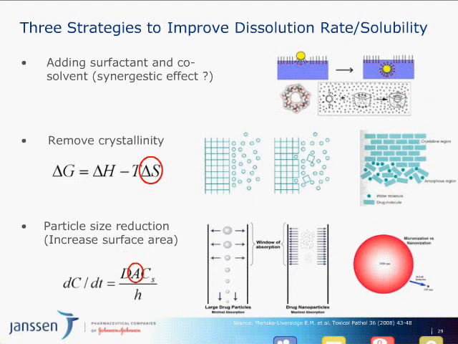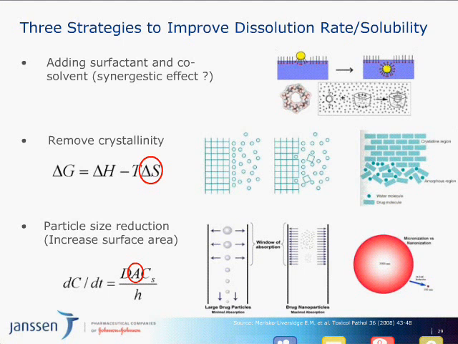So how we can improve the solubility. A first strategy is by adding some surfactants and co-solvents. We're also testing the synergistic effects by combining different excipients. And for example, by getting a higher wettability, we can also improve our solubility.